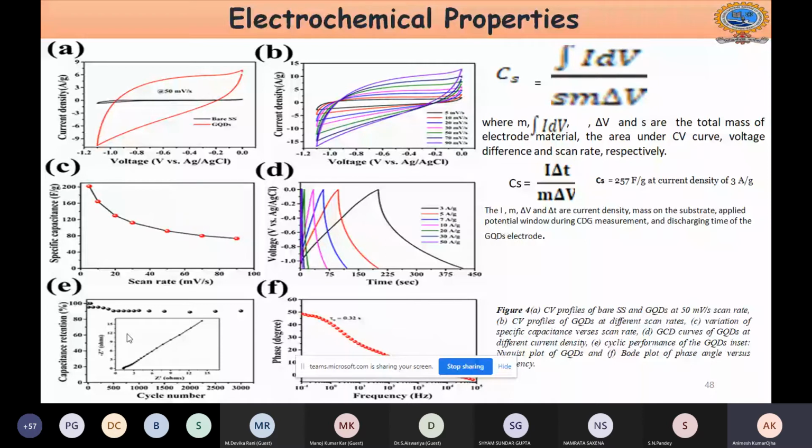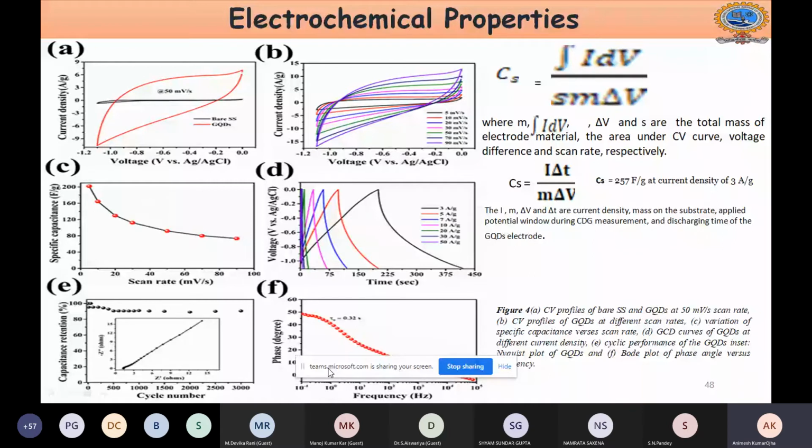I have not written it here, but if I remember correctly, the charge transfer resistance turns out to be 1.21 ohm, and the resistance offered by the electrode material and contact resistance is, I think, 2.72. You can see it also in this diagram.